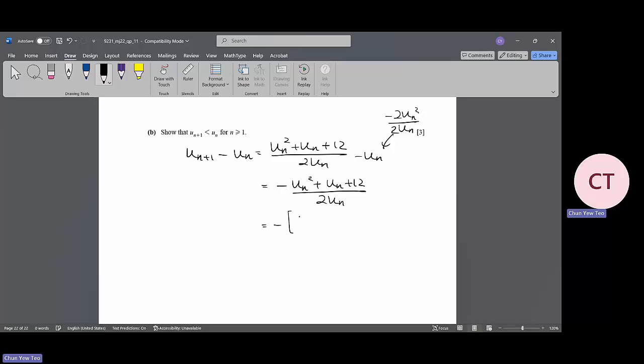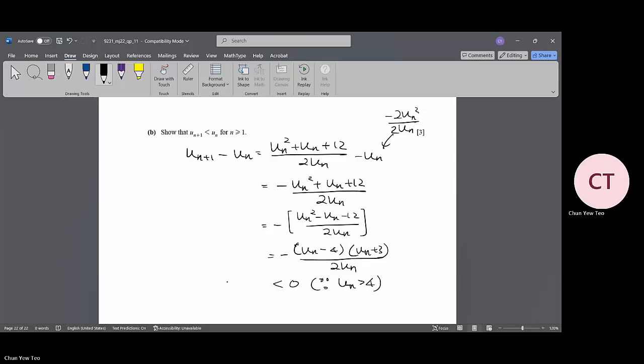Factorize a negative out, you get negative (U_n squared minus U_n minus 12) divided by 2U_n. Factorize it further, you can see that this is negative (U_n minus 4)(U_n plus 3) divided by 2U_n. So this one will be less than 0 because of your U_n greater than 4. Okay, so you get this. Therefore, U_n plus 1 less than U_n, shown.